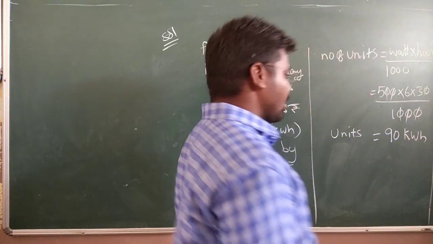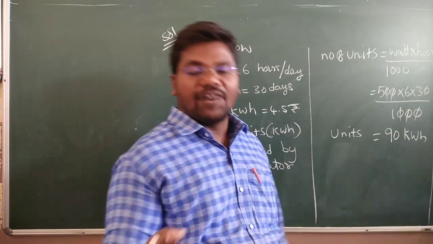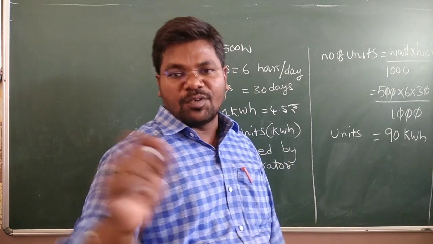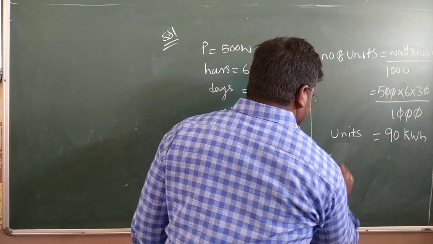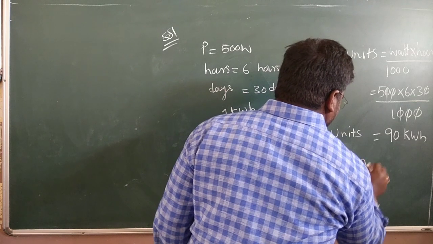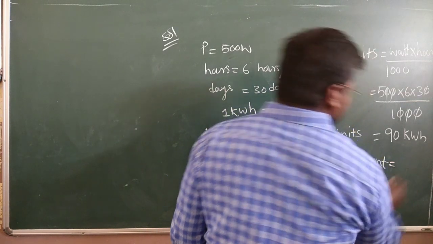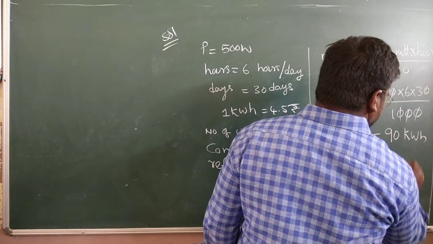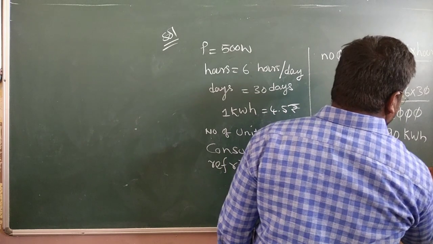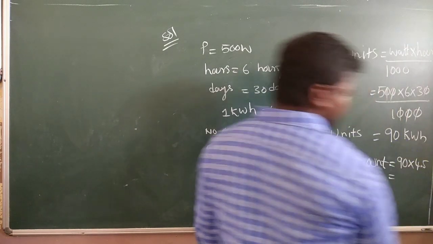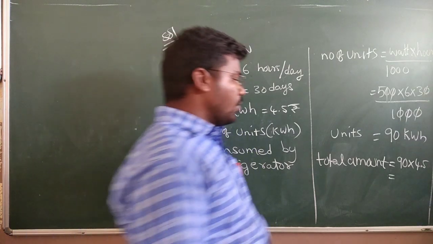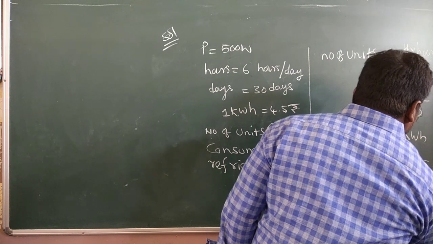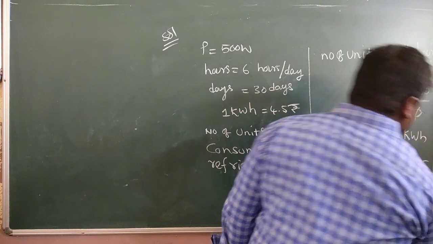For each unit, the cost is 4.5 rupees. The total amount is number of units into 4.5 rupees. 90 into 4.5 is 405 rupees.